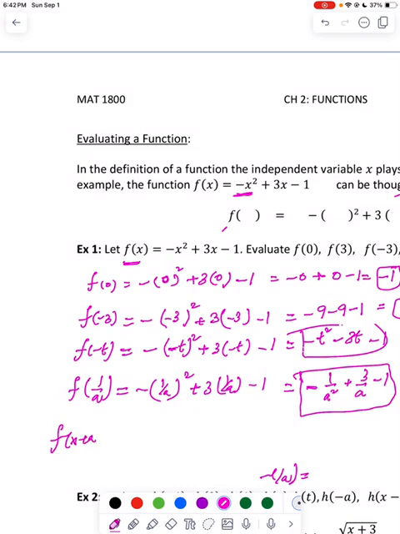will be equal to negative parentheses square. Now note here I am increasing the distance between the two parentheses, because I know a bigger value is coming in, plus 3 times the parentheses minus 1. So I have to put x plus a here and x plus a over there with the 3.